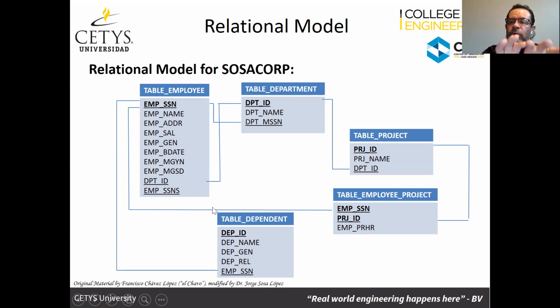This model, which is the relational model, is going to help us directly implement it into the database development system. However, there's one thing that we haven't done, and that's normalization. That's going to be the next topic.